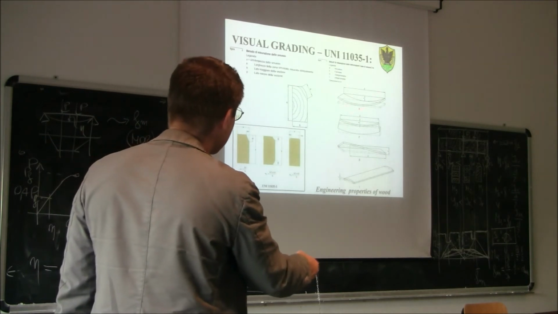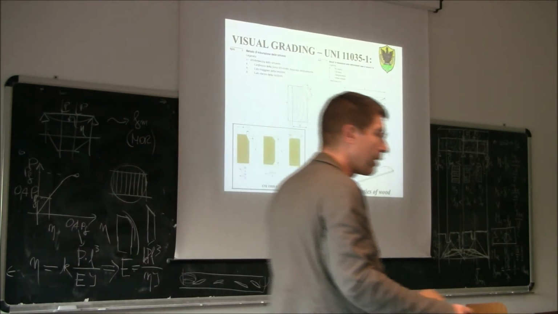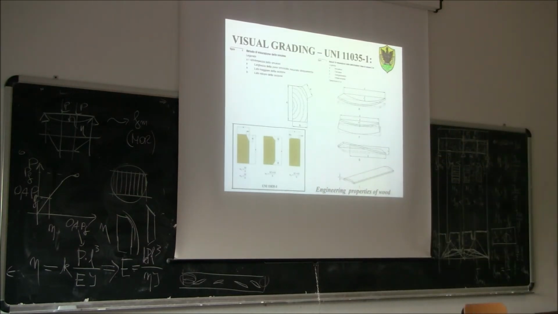Then you can have some other defect like this. You see, these are distortions. When you get your plank or your timber beam, this beam could be distorted. Why are there those deformations? Those deformations usually are due to, again, the drying process.